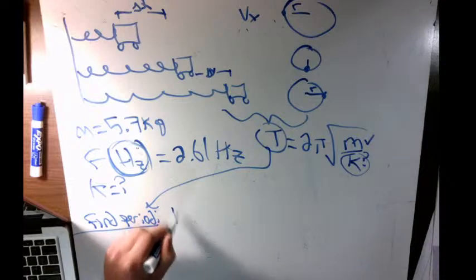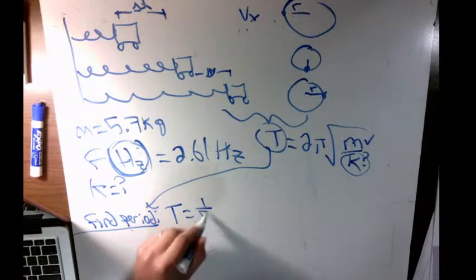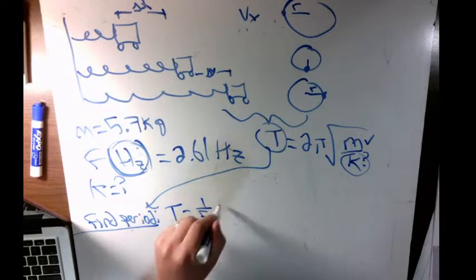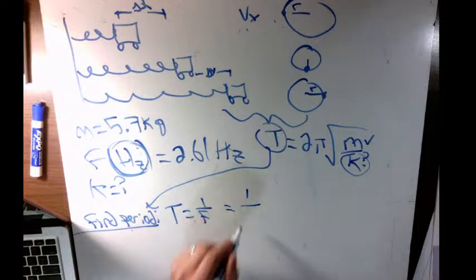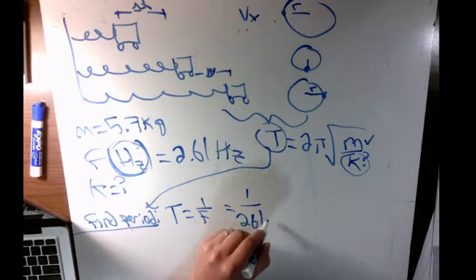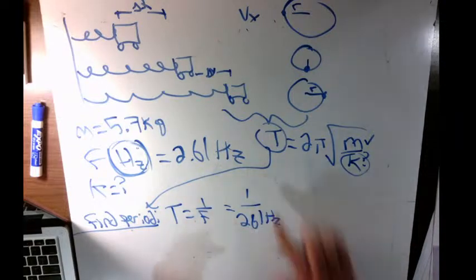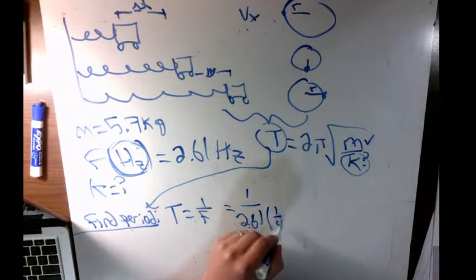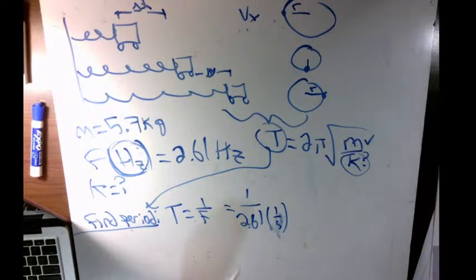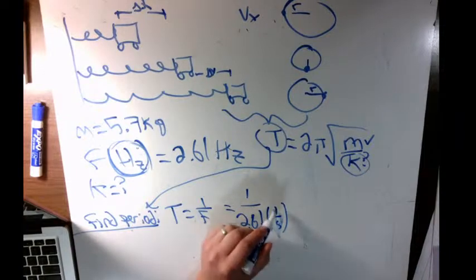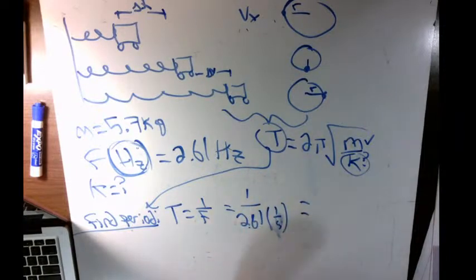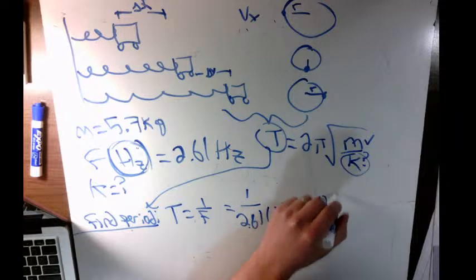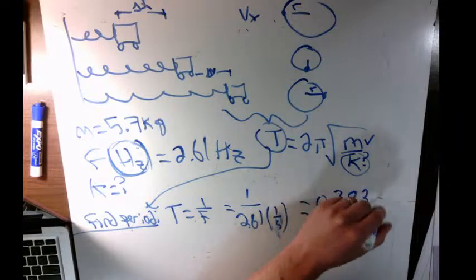Remembering that period is equal to 1 divided by frequency. So 1 divided by 2.61 hertz, where a hertz is actually 1 over seconds. So we can see our units work out here. 1 divided by 2.61, 1 over seconds, gives us 0.383 seconds.